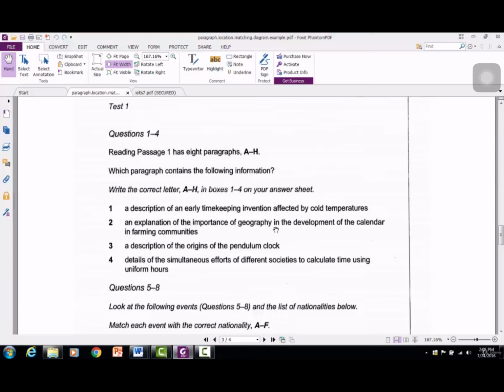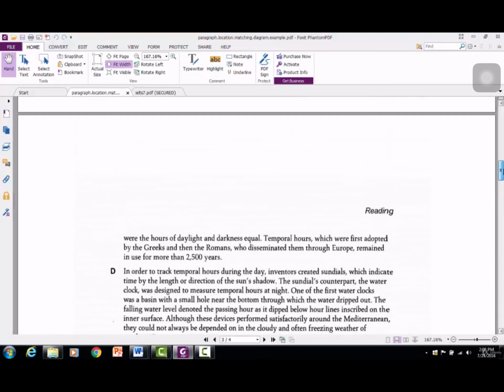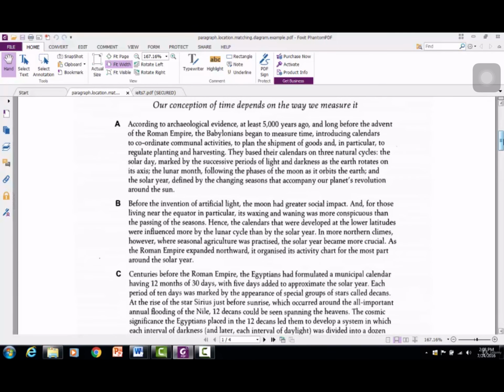All right, so now let's go to the first page and see if I can find something about geography, a calendar, and farming. I'm looking for a paragraph that mentions geography, calendar, and farming. I'm here in paragraph A. Okay, here we are in paragraph B. Right here we see the word calendar.